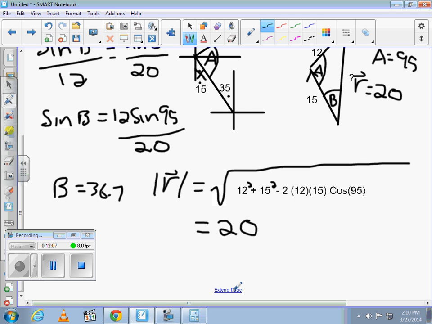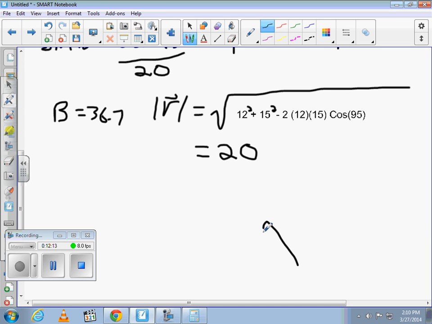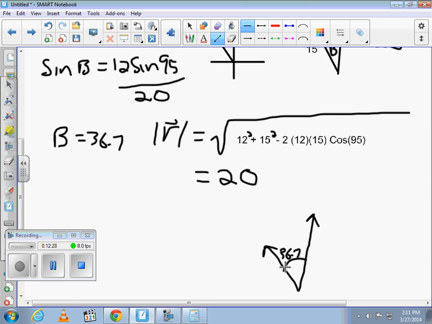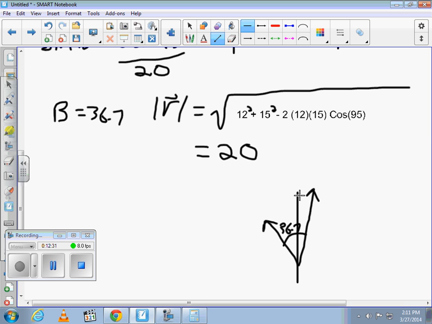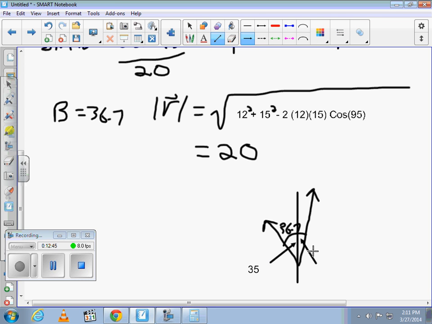Let me redraw that for you. So right here, that was one of the vectors we were adding, and this is the resultant vector. The angle inside of here is 36.7. But if I was to draw in a true north compass point, I get an angle right here of 35. That means that this tiny angle right inside of here must be 36.7 minus 35.